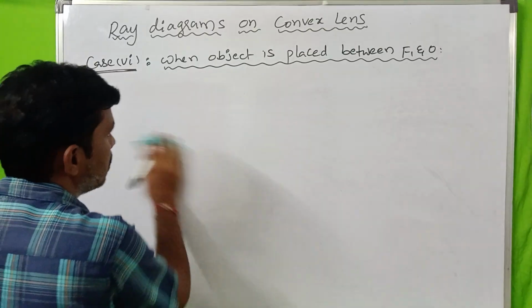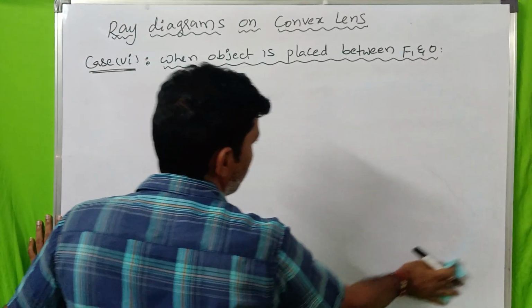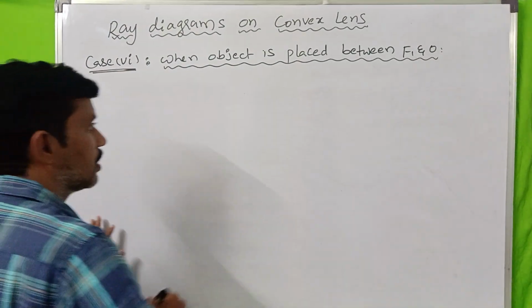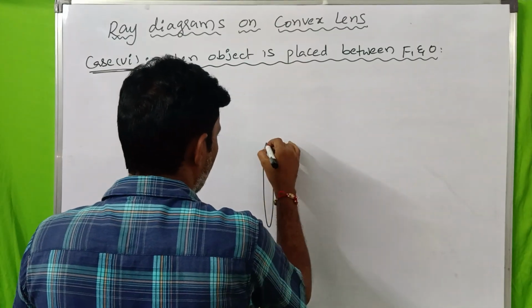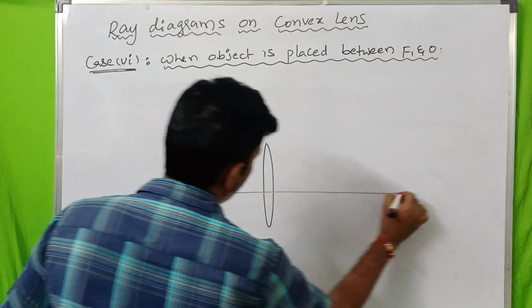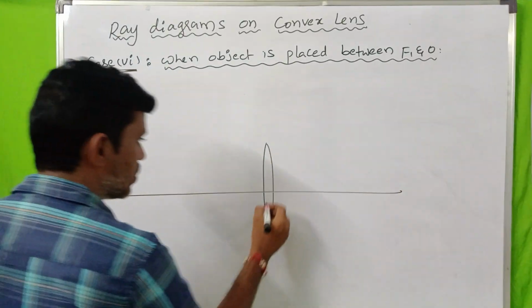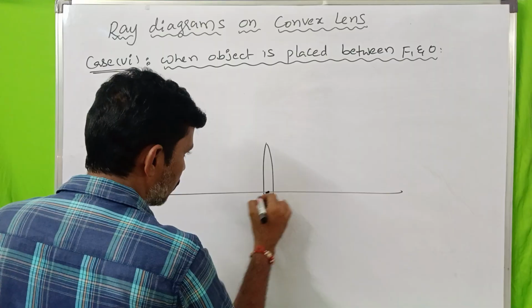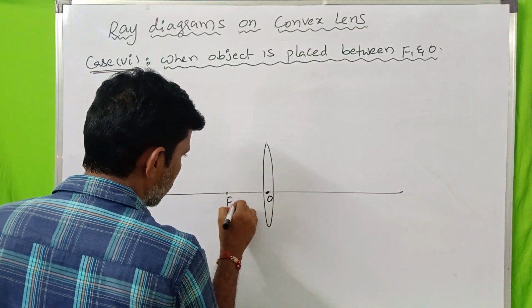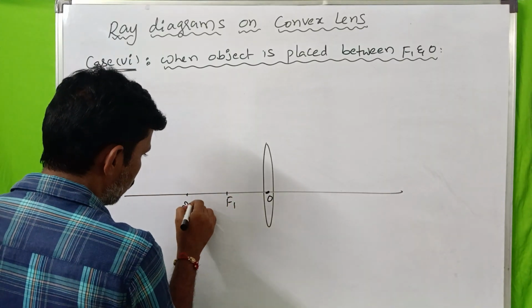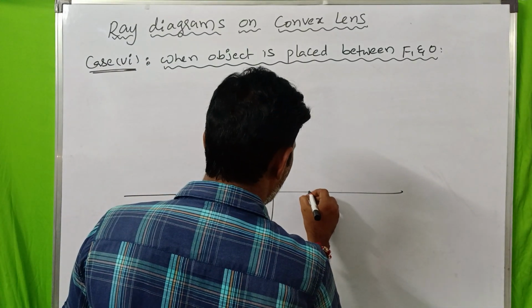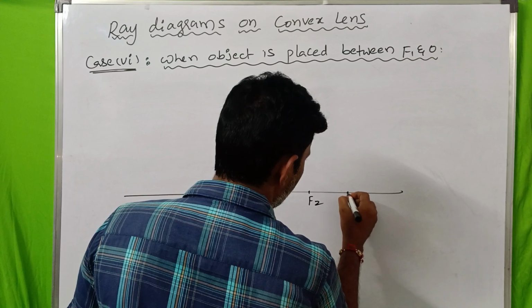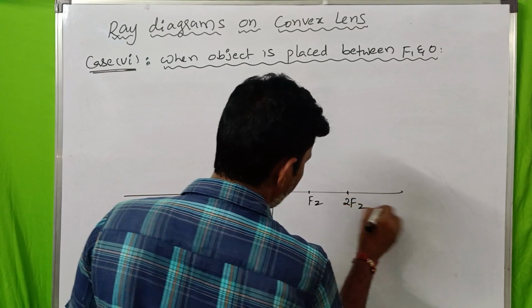When the object position is between F1 and the optic center, what is the image formed? So let us take the lens, principal axis and optic center. The focus point F1 and center of curvature 2F1, and on this side another focus point F2 and center of curvature 2F2.